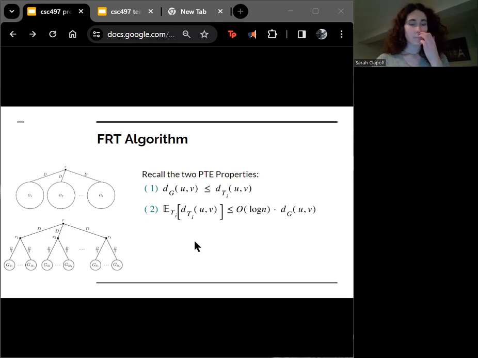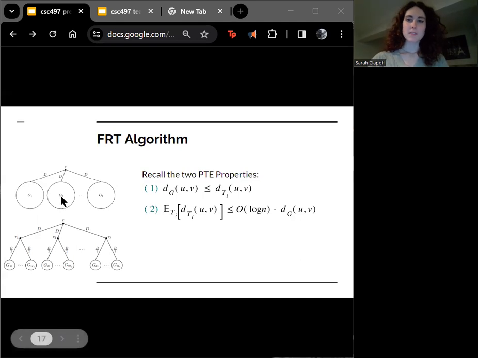And so we can calculate the expected distance on T, and we show that this inequality does hold. And so this is our construction part for the probabilistic tree embeddings. And each one of these subgroups, like I said, is created using a decomposition procedure, which I'm going to talk about now.